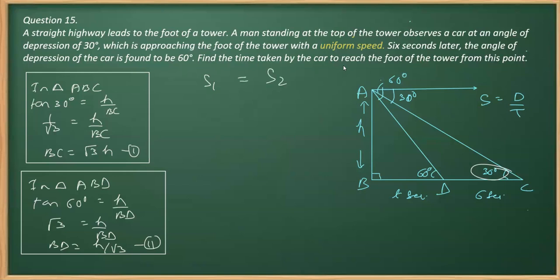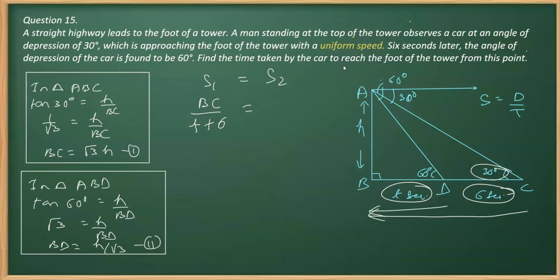S1 being the first case, from here to here. As you can see clearly, the distance is BC, and the time taken will be this plus this, that means T plus 6 seconds. In the second part, the distance covered is BD, and the time taken is T seconds.